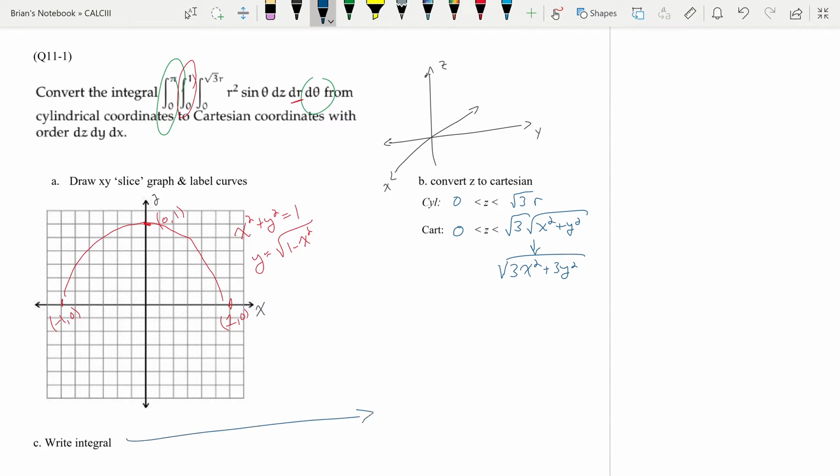So let's do that. We'll do it in another color. I guess we should start with our function: r squared sine theta. We can convert that if anyone can think about it.